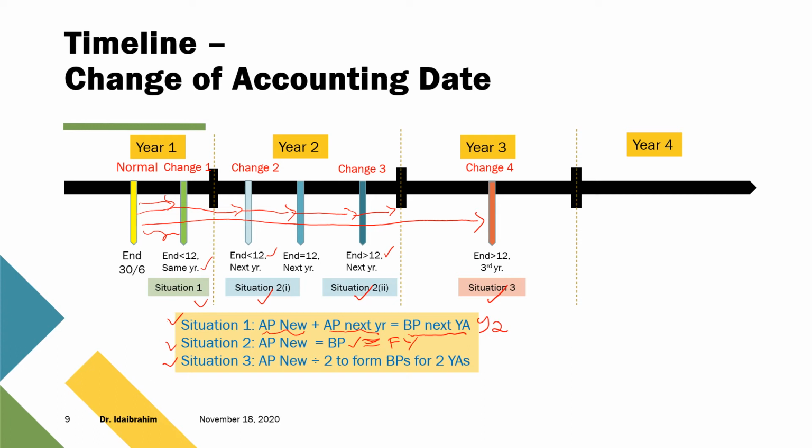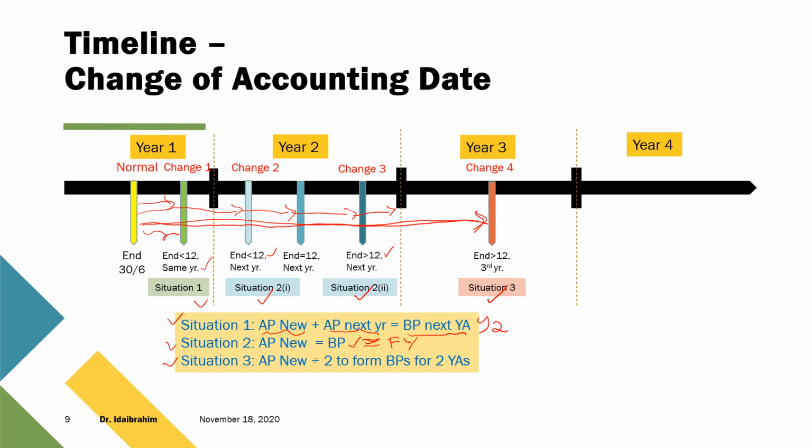Under category or situation 3, where accounting period is closed in year 3, this make in year 2 there is no accounting period, right? But in taxation, we need to pay tax every year. So how are you going to pay tax in year 2 in this case? So what you need to do to find the basis period for year 2, you just take the new accounting period, which start from year 1 here, okay, until here.